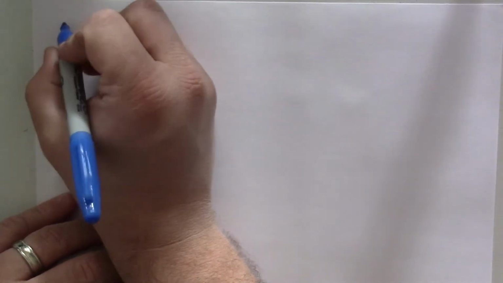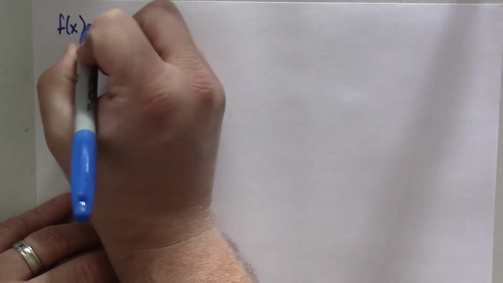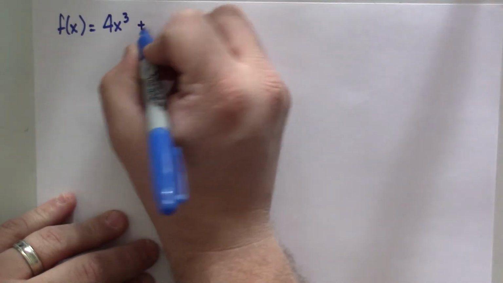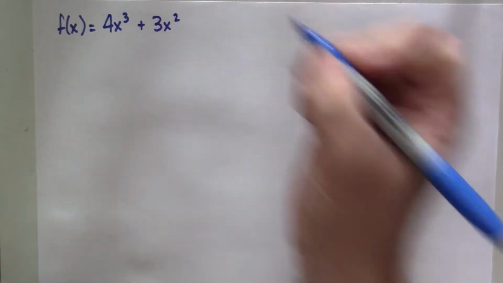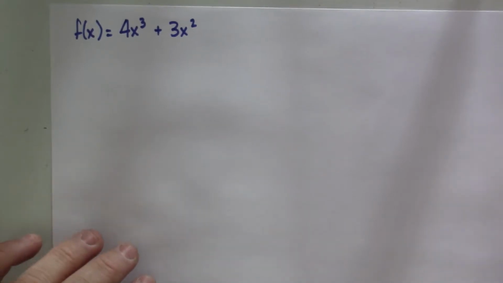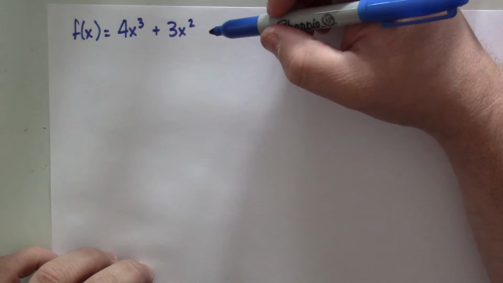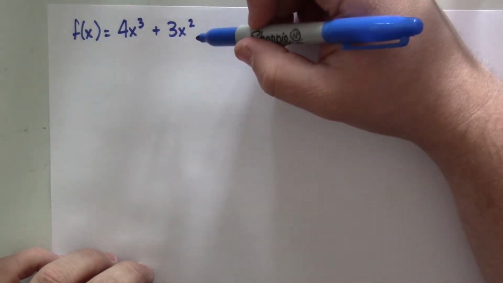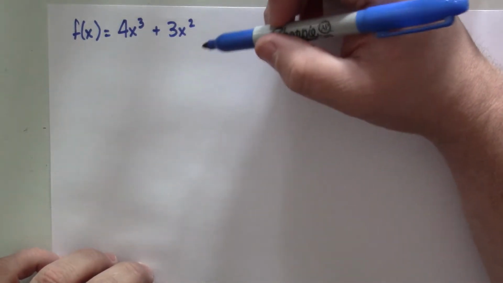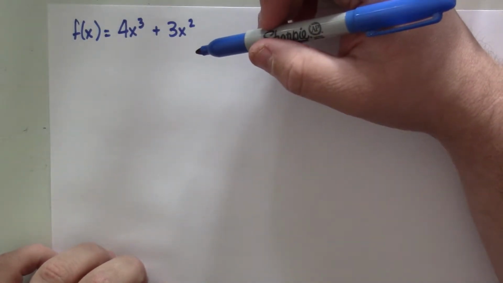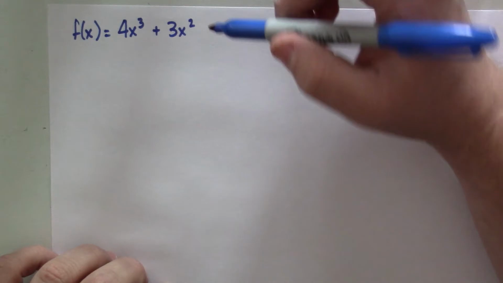I'm going to say f of x equals 4x cubed plus 3x squared. Now, doing this with the limit definition of the derivative might be the worst thing ever. I'm not even going to show it to you because you'll have nightmares. Okay?